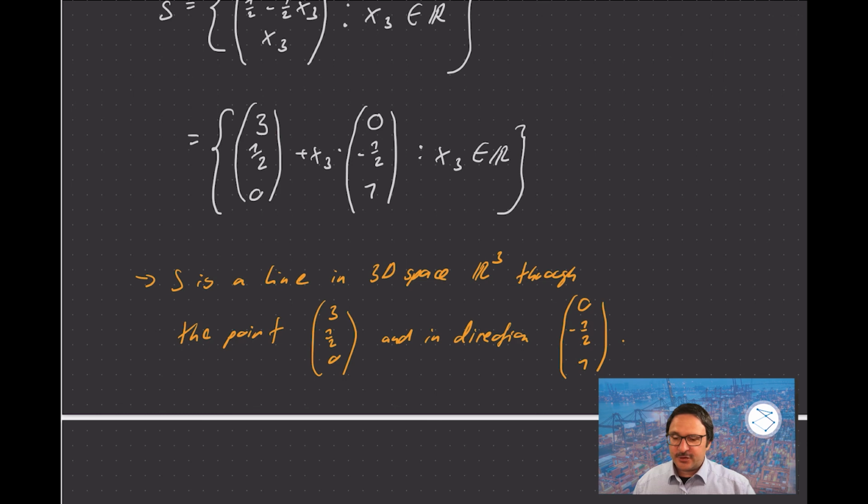We'll discuss this structure of solution spaces in more detail in our later chapters. For now, the idea is to give you a procedure of how to solve arbitrary systems of linear equations.